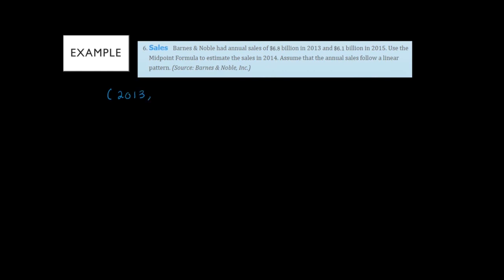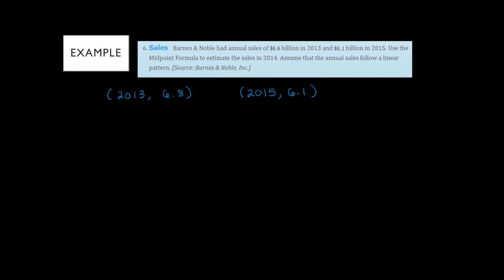So 2013 has to be written first. And then I'm going to just use 6.8 and not worry about putting all the zeros or anything like that. Then our second ordered pair says 6.1 billion in 2015. So 2015 is the input, 6.1 is the output.